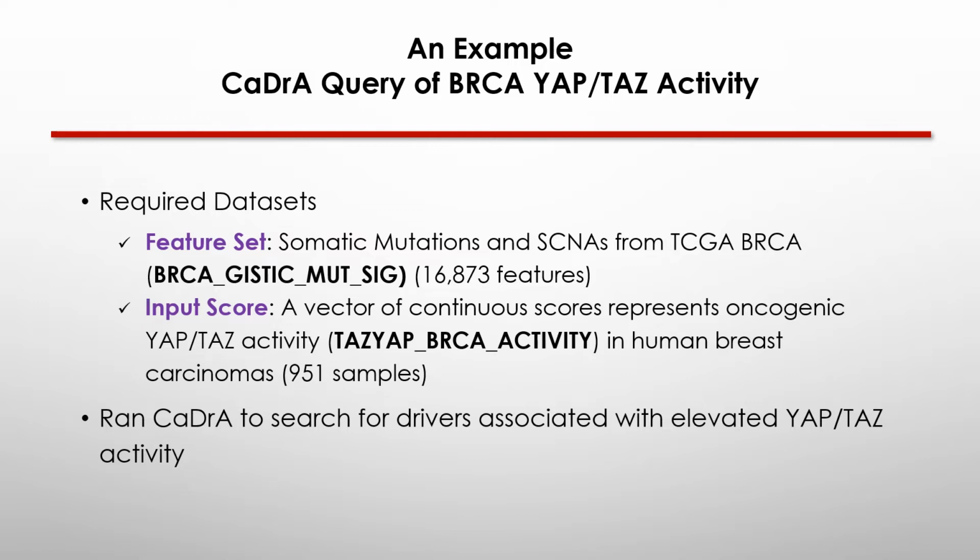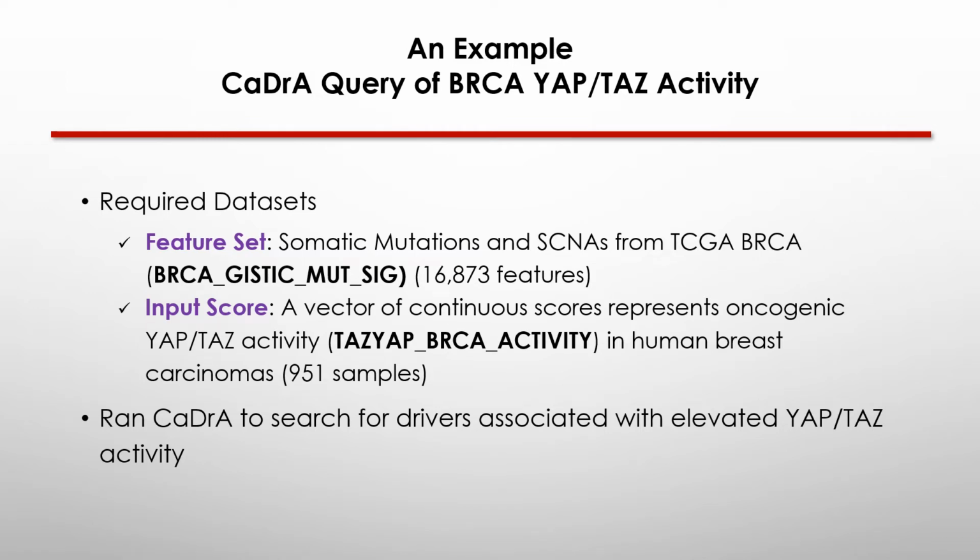We query this feature set based on an input score that measures the per-sample activity of YAP/TAZ, the two important regulators of the Hippo pathway. This score represents the projection on the TCGA breast cancer dataset of a gene expression signature of YAP/TAZ knockdown derived in breast cancer cell lines.